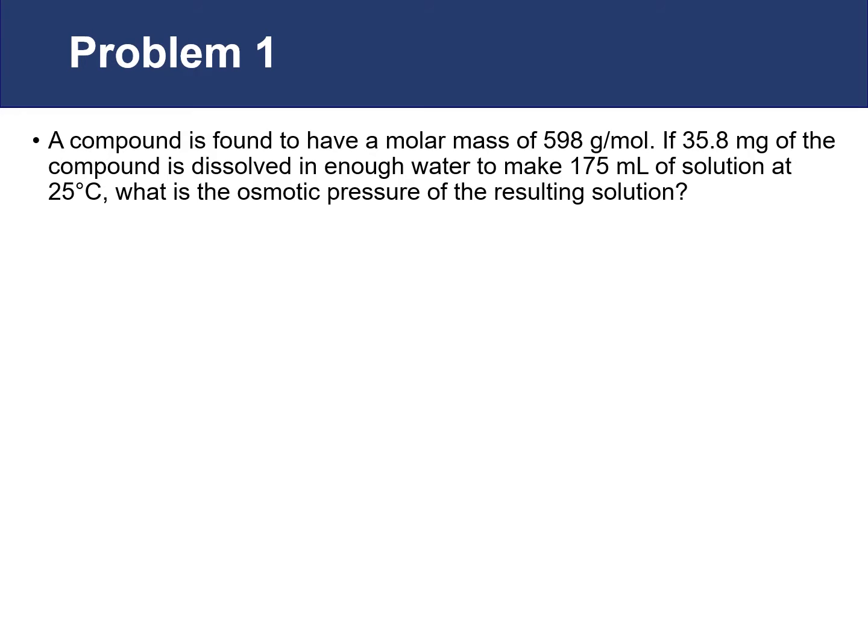The equation for determining osmotic pressure is pi, we use that for our osmotic pressure, is equal to the molarity times our ideal gas constant, R, times temperature. The temperature here needs to be in Kelvin in order for the unit cancellation to work out.